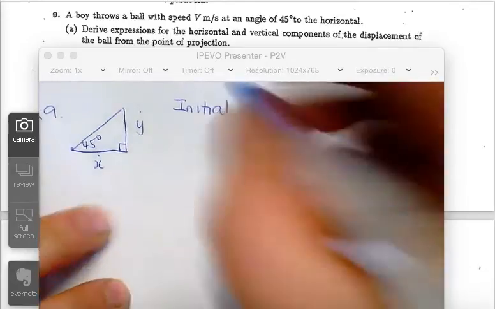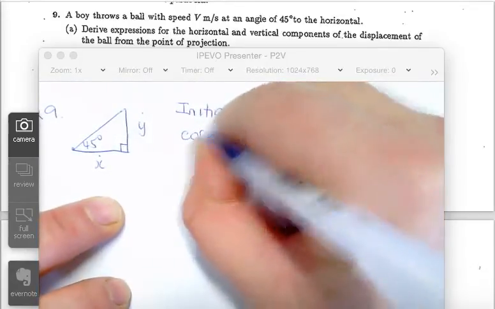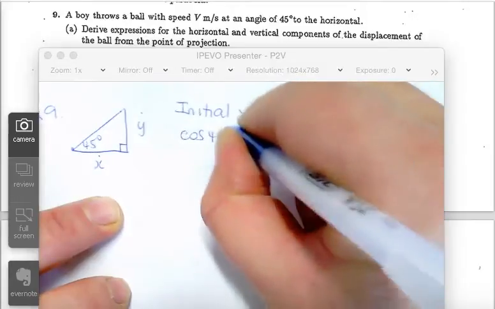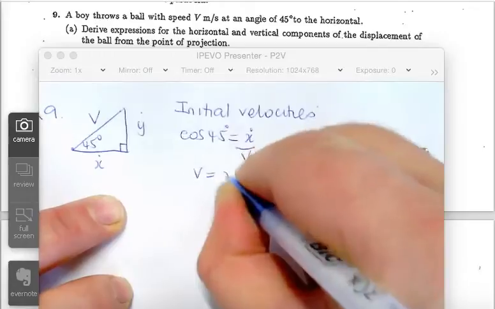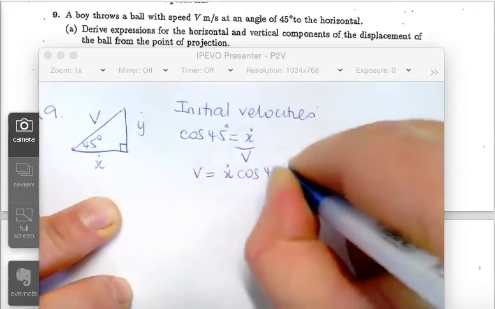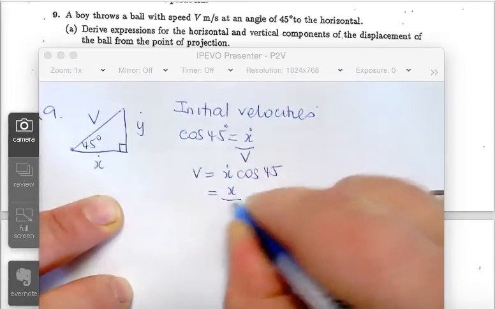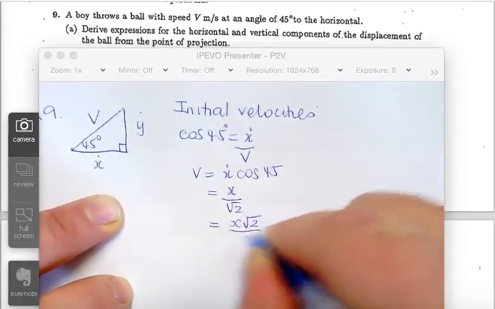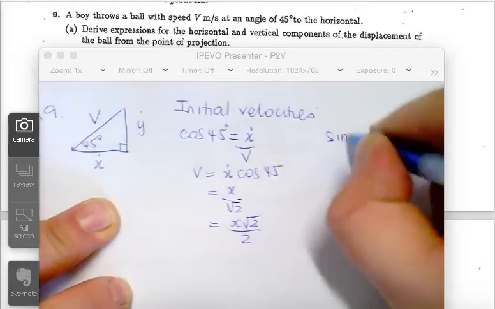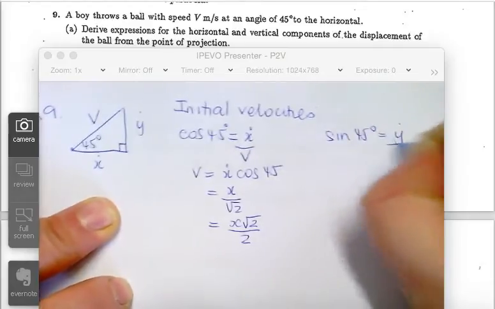All right. So initial velocities, cos of 45 degrees is x dot on v. So x dot is v cos 45, which is v times 1 on root 2, which is v on root 2, which, to rationalize it, is root 2 v on 2. Also, sine 45 is y dot on v.